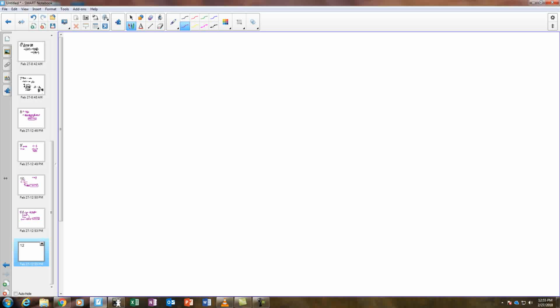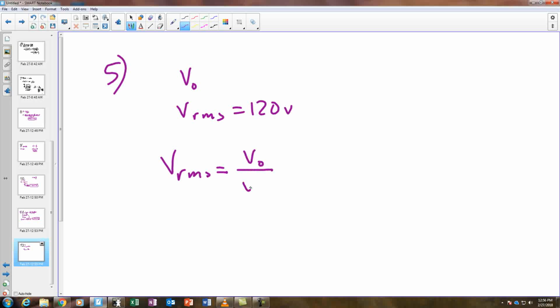Okay, the last couple of questions. Number 5, if I'm totally honest with you, isn't actually going to be on the test. Don't tell anybody, but it talks about the peak voltage in the AC wall outlet, which would be V naught. I have VRMS, the average, which we're told is 120 volts. The formula is VRMS equals V naught over root 2.